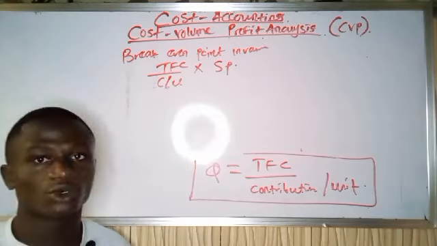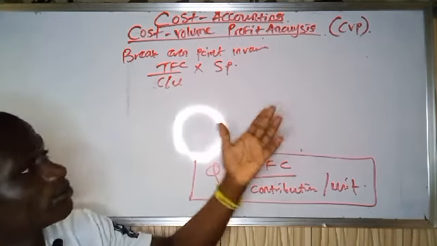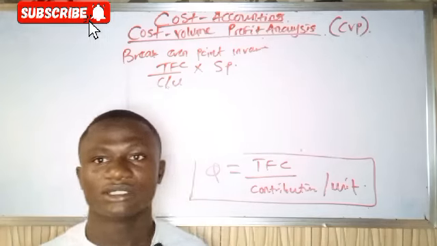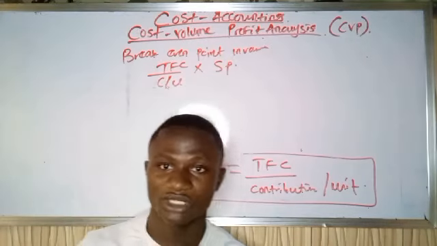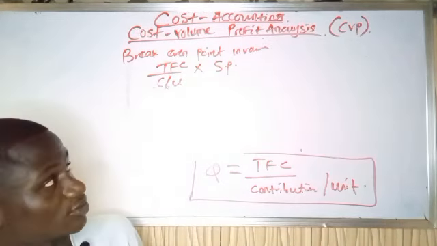So this will give you your break even point in value. That means at the point where you break even, what is the value in money? That is what it means.